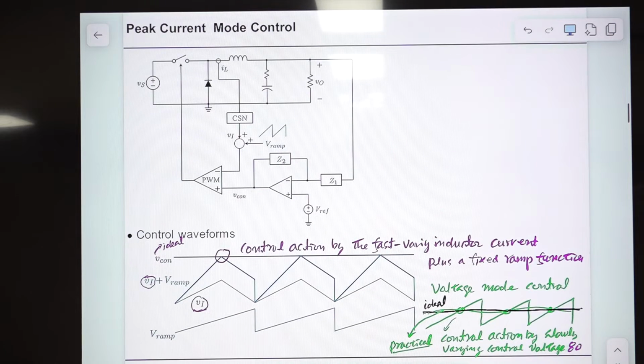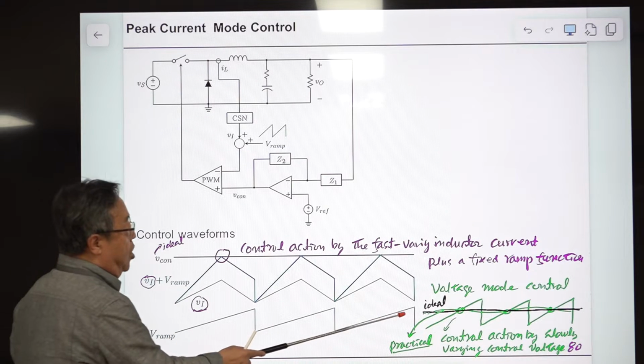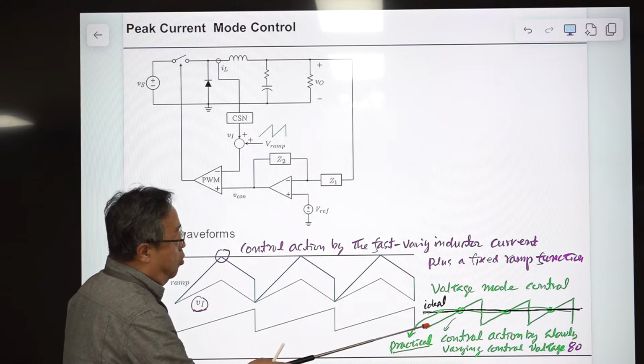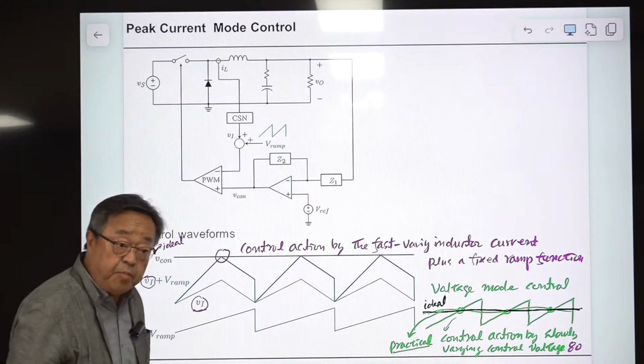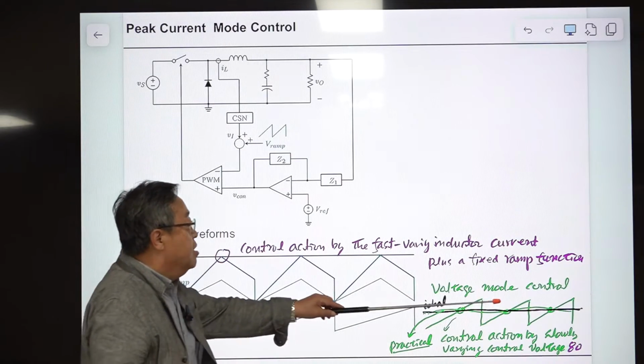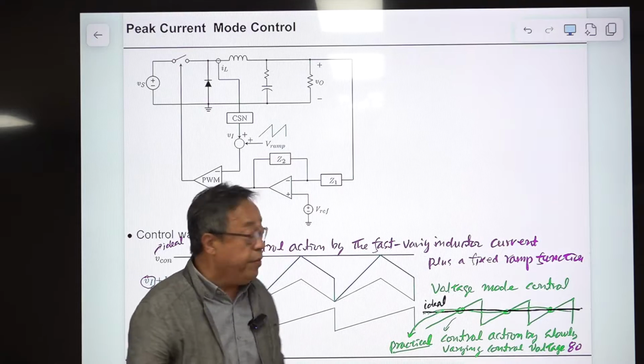All right. So we review the peak current mode control, and the purpose of this slide is to explain why the sampling effect is only pronounced in current mode control, not in voltage mode control. First, consider voltage mode control. This is the PWM waveform of voltage mode control. We have this fixed ramp signal, and we are comparing it with this control voltage V con.